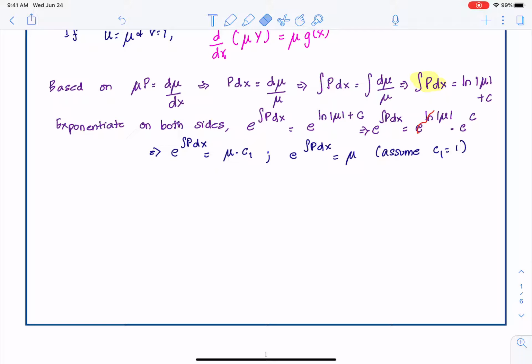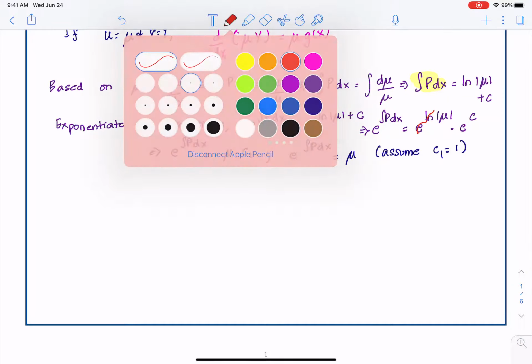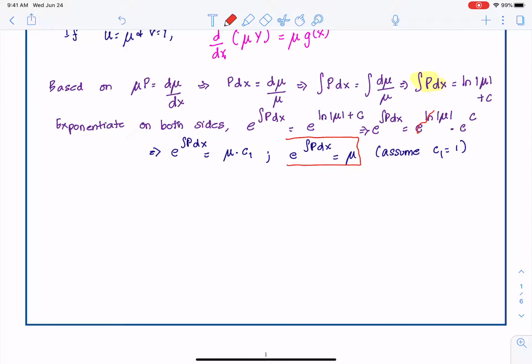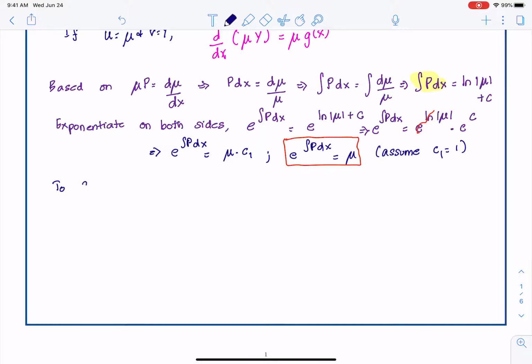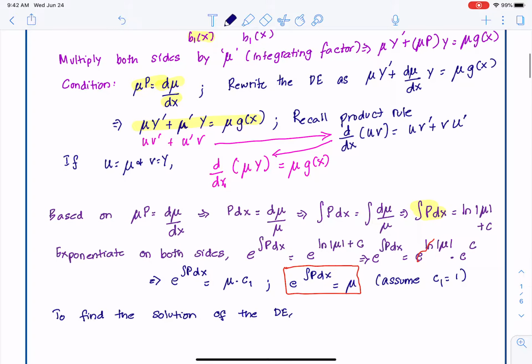So what we have done thus far is find that right over there. In other words, we have solved for the integration factor, but we did not solve for the differential equation itself. So to find the solution of the differential equation, we go back to where we started, which is right over here.